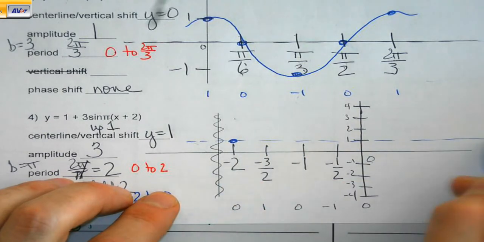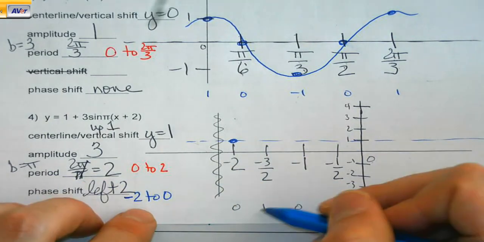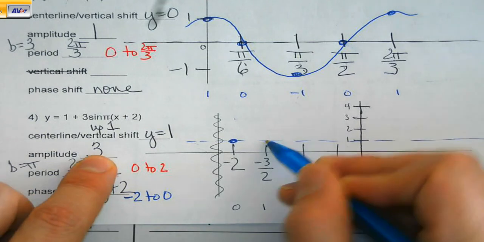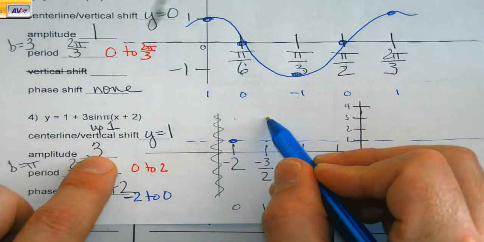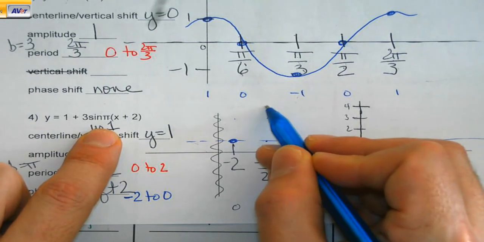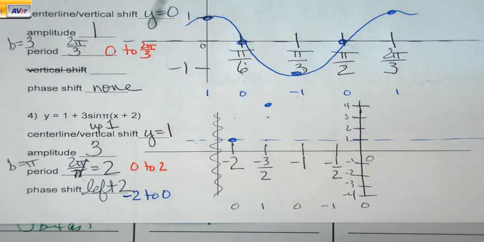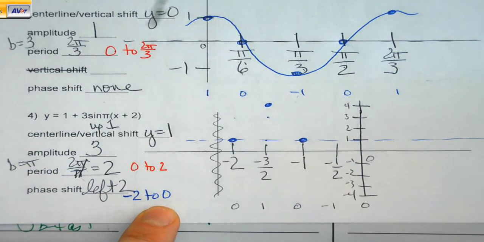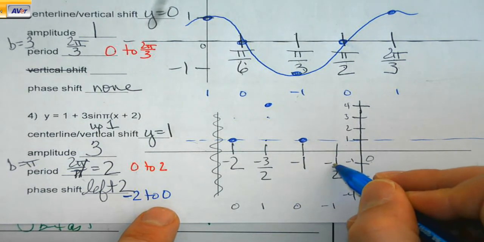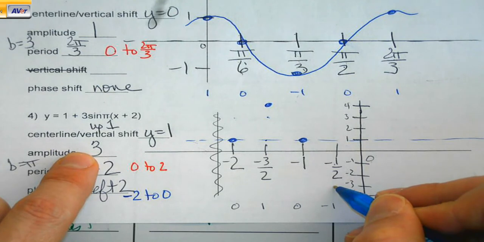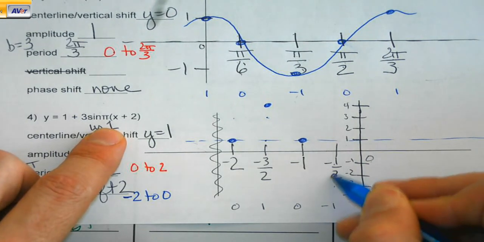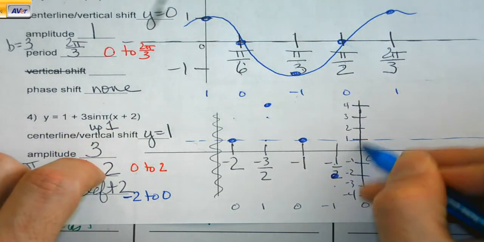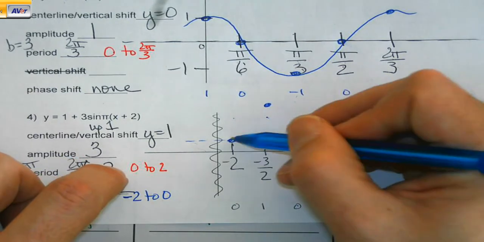Normally here I start at 1, amplitude multiplies it to 3, vertical shift bumps it another one up to 4. 0 is going to be on my center line. Negative 1 times 3 is negative 3. Up 1 gets me to negative 2. And 0 stays on my center line.